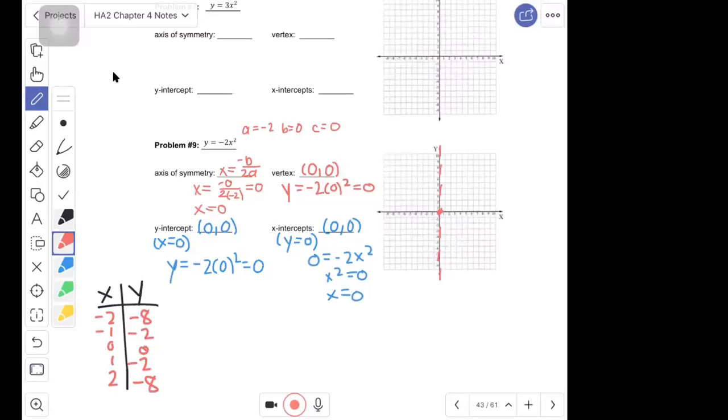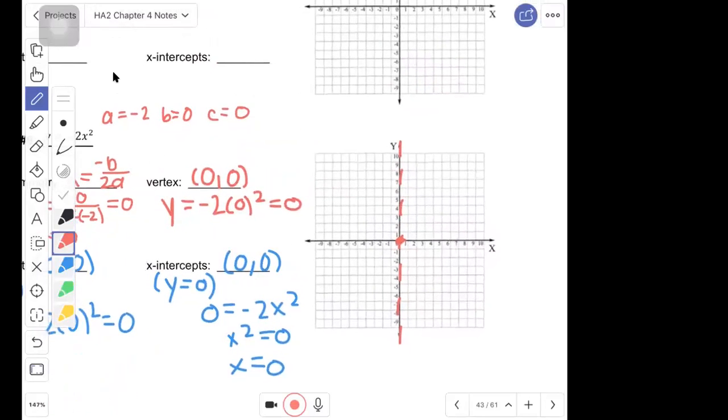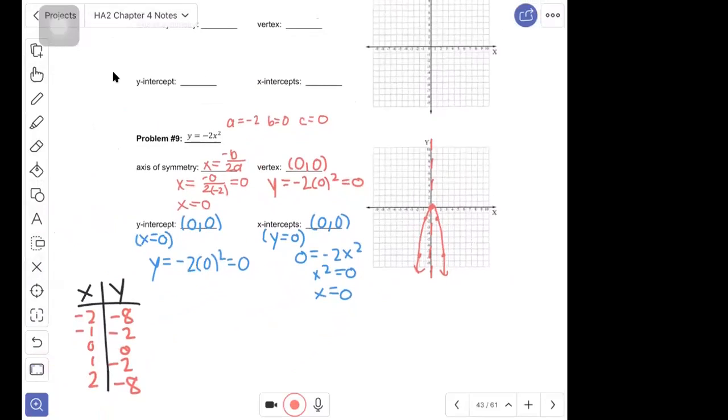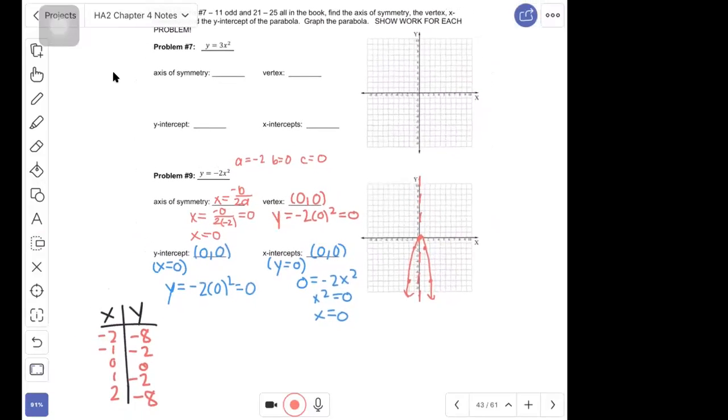And then we can plot the points on our graph and draw our curve. And that's what you should have done for number 7 right above it as well. You would have only gotten that origin point from the intercepts and the vertex. Questions on the first page for how I did number 9?